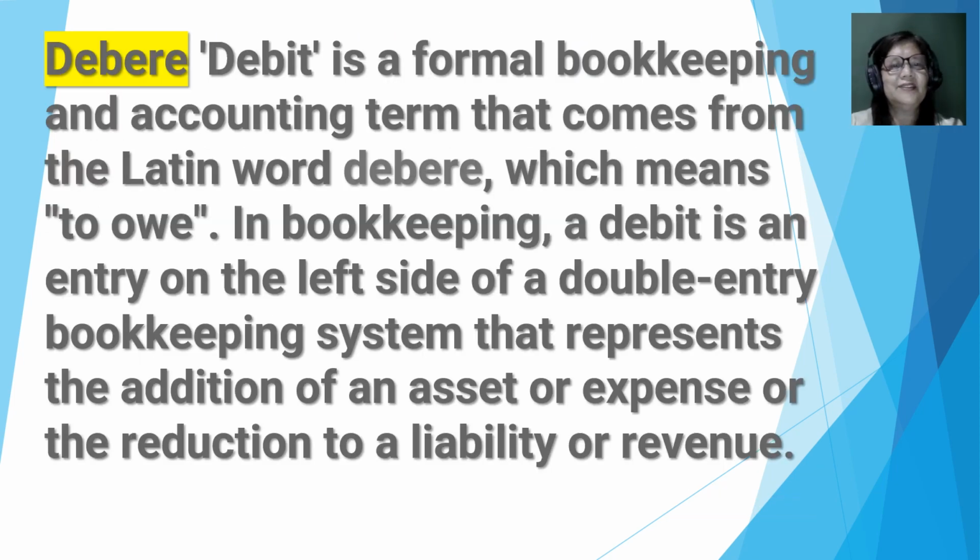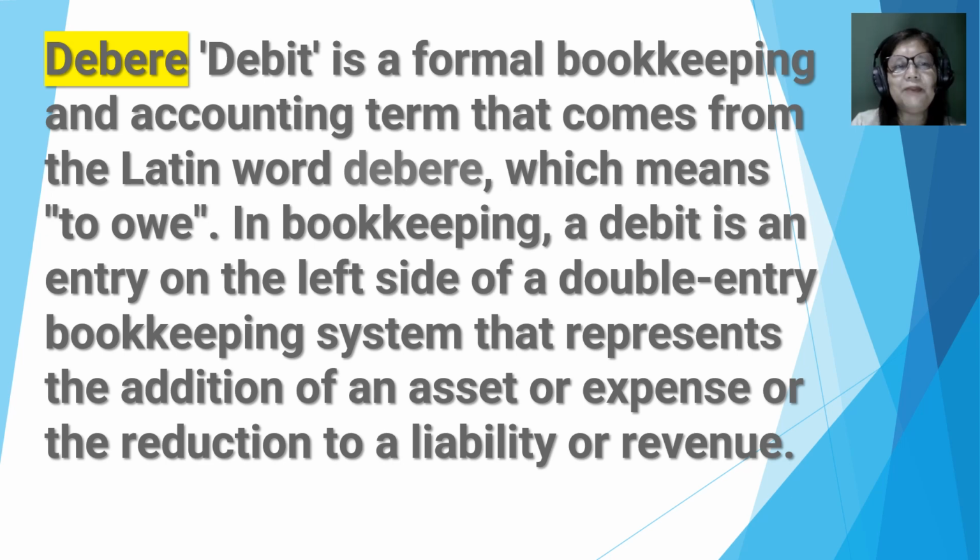Class, do you know that debit is a formal bookkeeping and accounting term that comes from the Latin word debere, which means to owe. In bookkeeping, a debit is an entry on the left side of a double entry bookkeeping system that represents the addition of an asset or expense or the reduction to a liability or revenue.